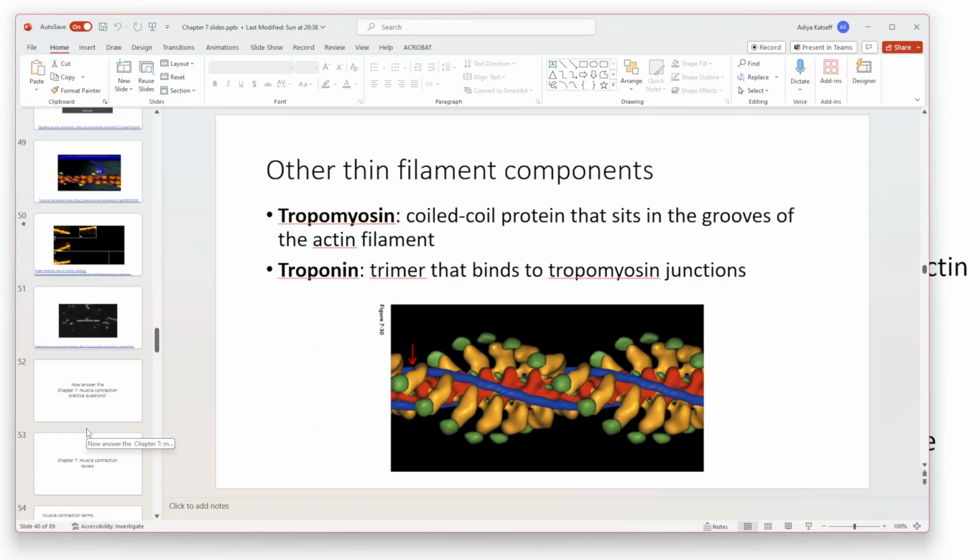Yes. How do you just know that tropomyosin moves out of the way? Like, how can you tell this? I mean, not necessarily from the image. The image is more to give you an idea of where everything is.